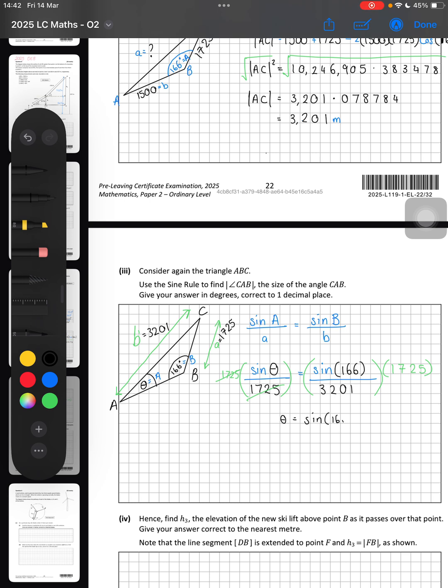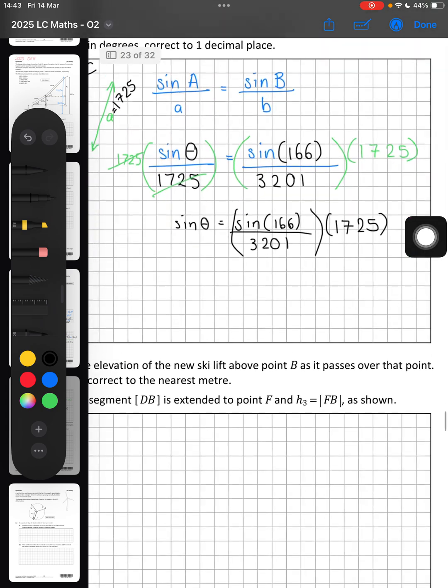I'll be left with sine theta being sine 166 over 3201 times 1725. Now I want not sine theta, I want theta by itself. So I have all this, I have to get the inverse sine of all that to get theta on a side by itself.